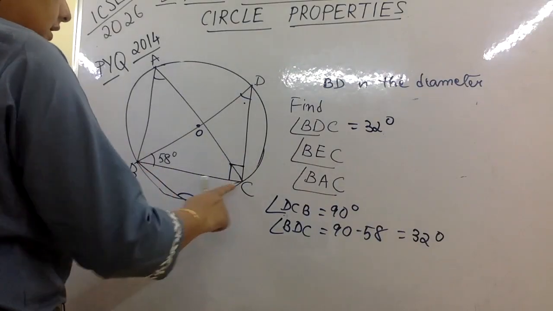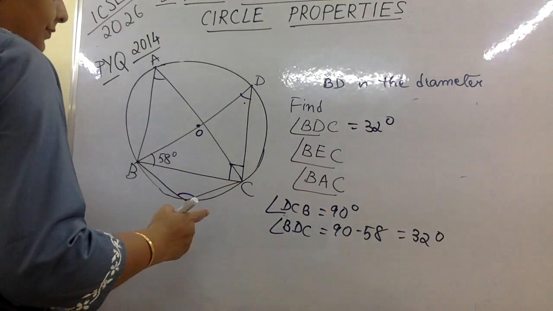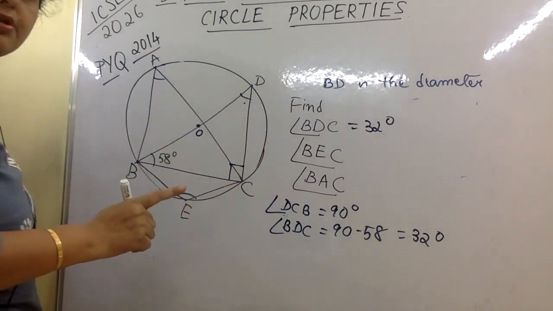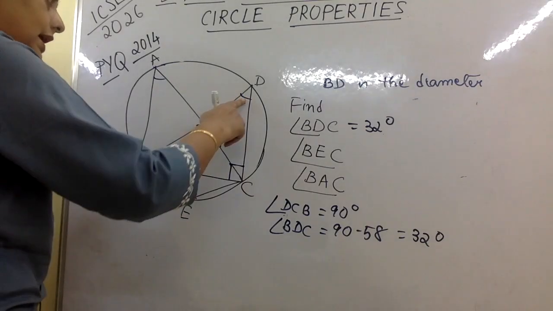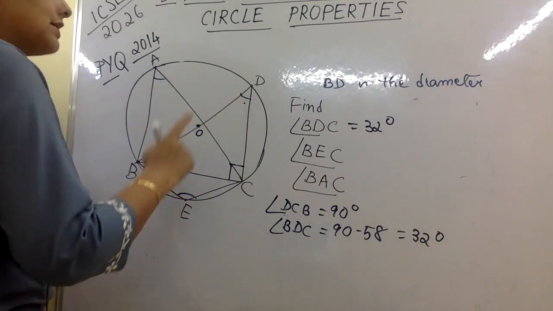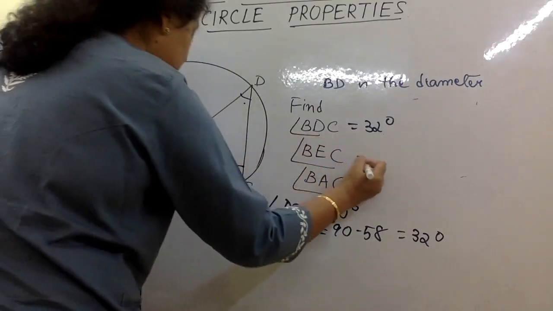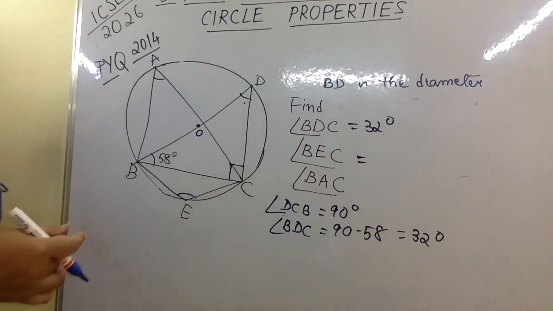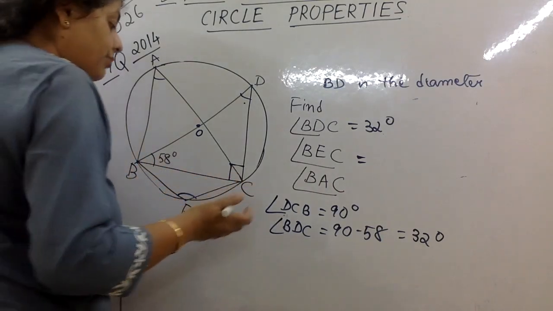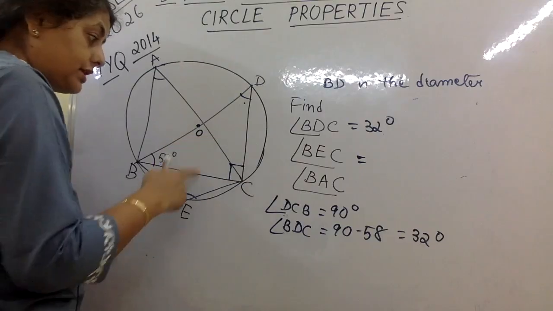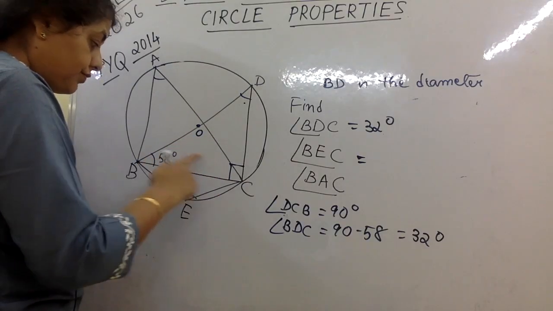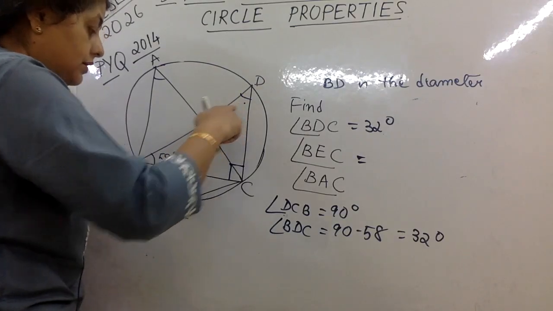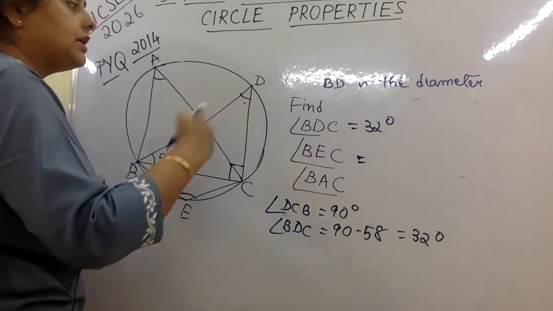BEC is now how much? Now if you can see, BDCE is a cyclic quadrilateral, and opposite angles of a cyclic quadrilateral are supplementary. We can find angle BEC by other methods, but this is the simplest and the fastest. These are opposite angles, so these two will add up to 180. So angle D plus angle E will be equal to 180.